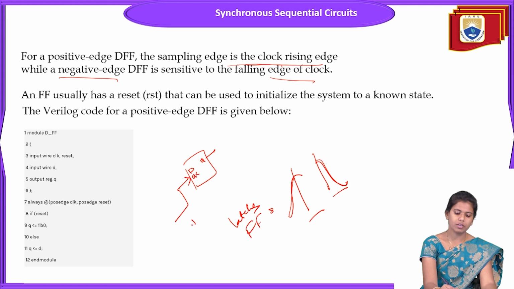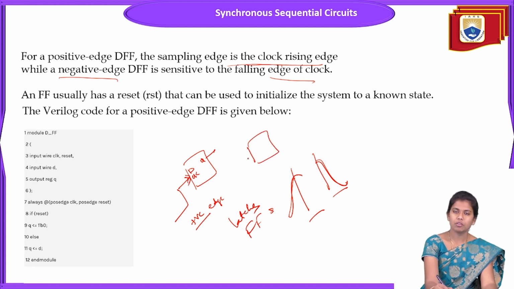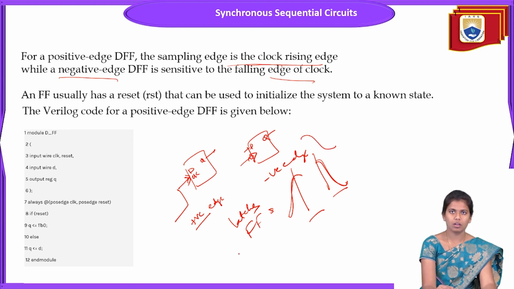So for the positive edge D flip-flop, the clock signal is a rising edge, whereas for the negative edge D flip-flop, we indicate the negative edge with the knob, and D is the input and Q is the output. Here for this negative edge, we see the falling edge of the clock signal.